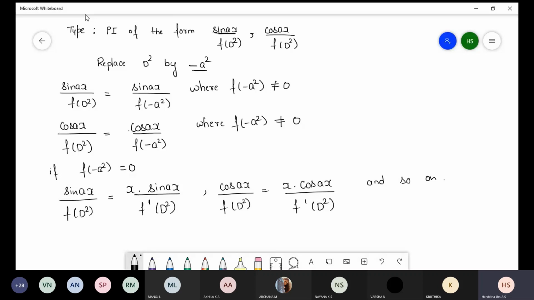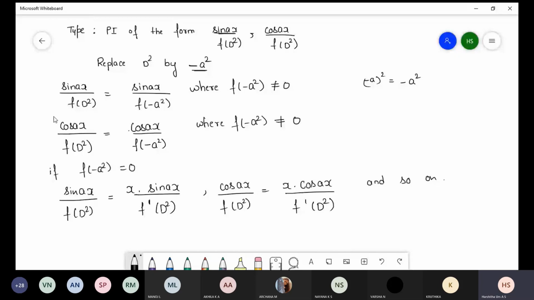One thing to keep in mind: wherever D square is there, we replace it by minus a square. We should not consider minus a whole square; we write only minus a square.